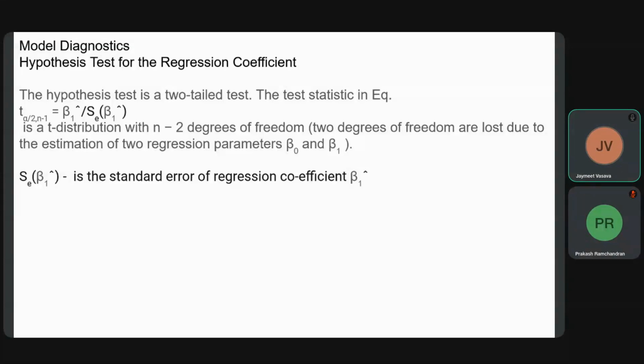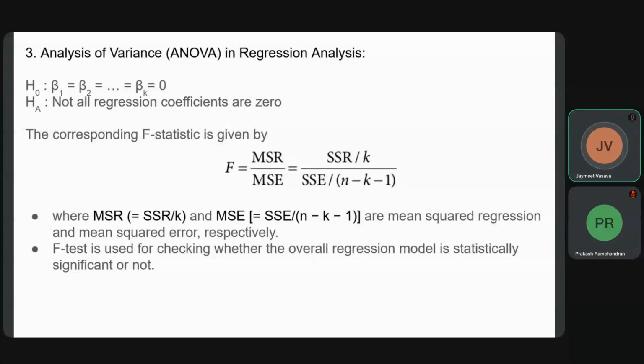And just for reference, a t distribution is something similar to the normal distribution, but with thicker tails. Then comes the analysis of variance, or ANOVA, in regression analysis. We have the null and the alternate hypothesis for it.